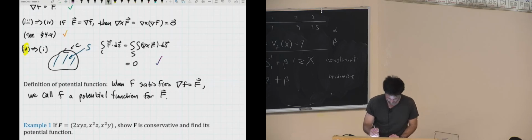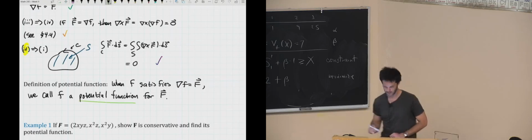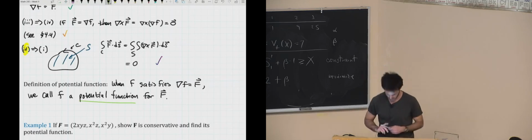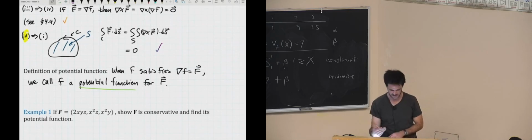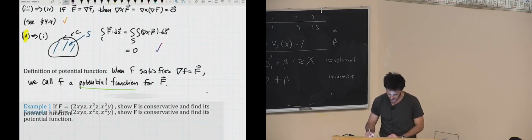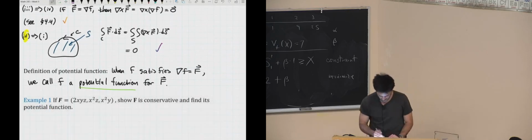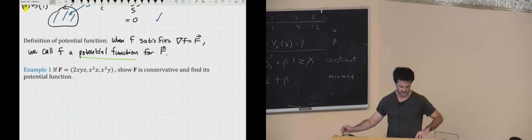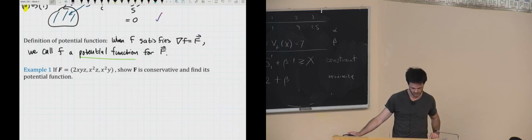And often, like in physical applications, little f has units of energy, so it's often called the potential energy. Sometimes physicists might put a minus sign in front of it, depending. Mathematically, the minus sign is not particularly important.